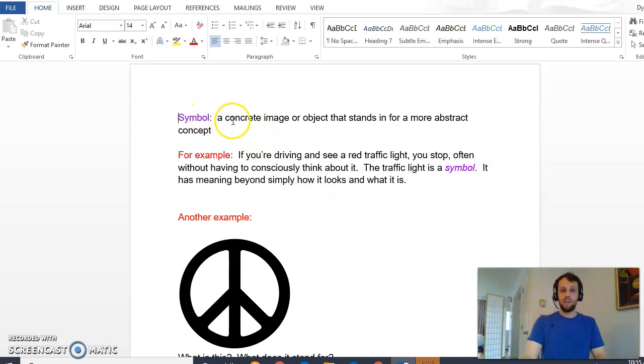A symbol is a concrete image or object that stands in for a more abstract concept. The example that I like to give for this is the example of a traffic light. So if you're driving along and you see a red traffic light, you are going to stop. And most often you're going to stop without even really having to think of the whole reasoning behind the process.